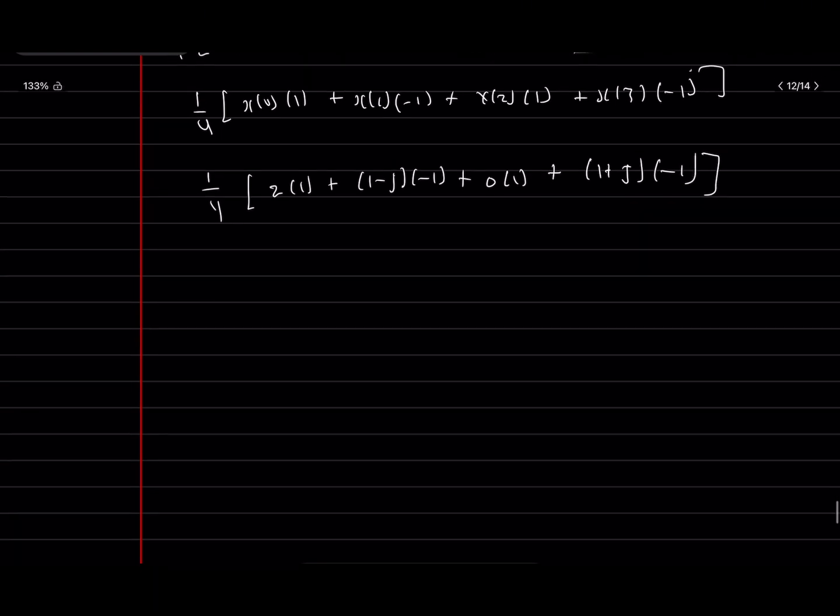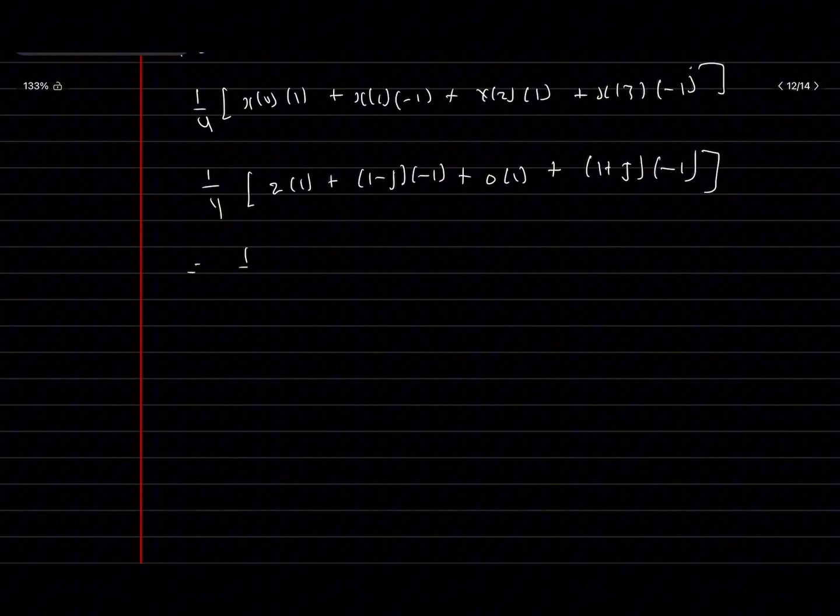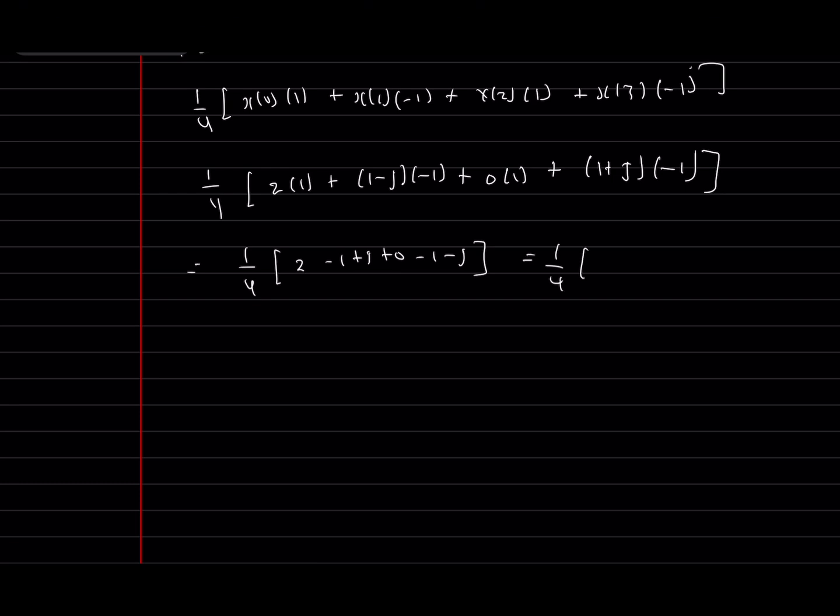So based on this, we are going to get 1 over 4 multiplied by 2 minus 1 plus j plus 0 minus 1 minus j. At the end of the day, we are going to get 1 over 4 multiplied by this: j cancels j.